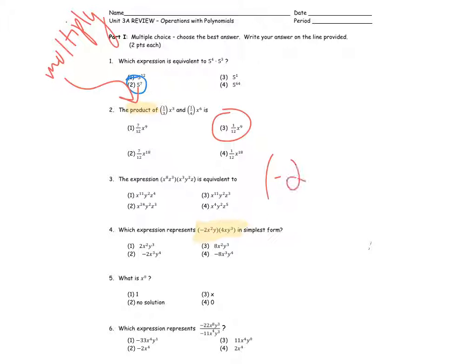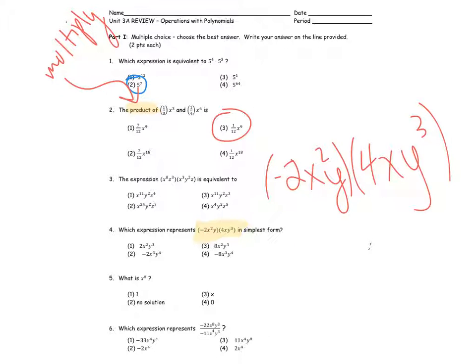Okay, so let's give this a go. I've got negative 2x squared times y, all multiplied by 4xy cubed. We're going to multiply the coefficients first. Okay, I'm going to do negative 2 and positive 4.